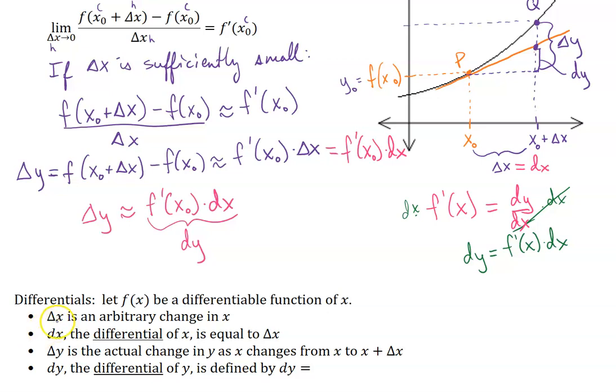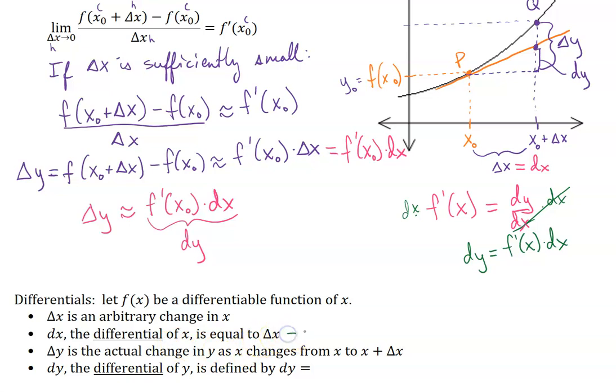So delta x is some arbitrary change in x. It's going to be given to you in the problem. Like it'll say, you know, you're approximating the change in the volume as the radius increases from 5 to 5.2. So then your horizontal change would be 0.2. Okay, but that will be given to you. Dx, the differential of x, is exactly the same as delta x.